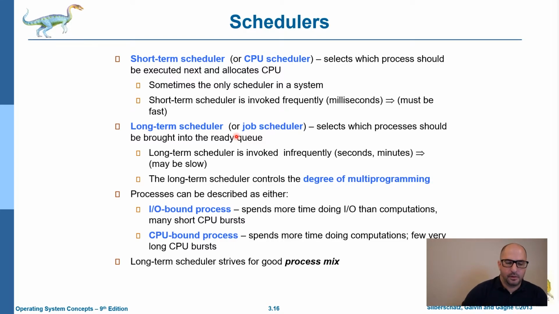So that means that the program that we turned into a process has been fully loaded into memory, and it's either ready to execute or it's waiting on an I/O operation.